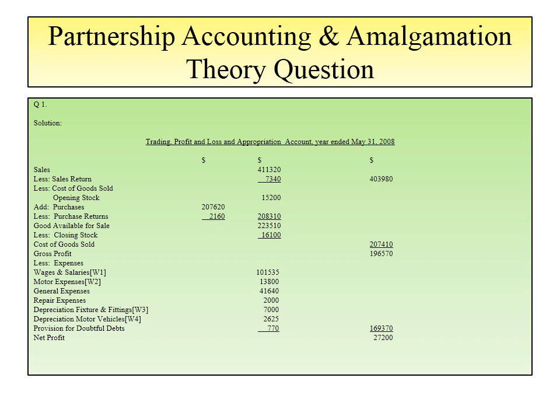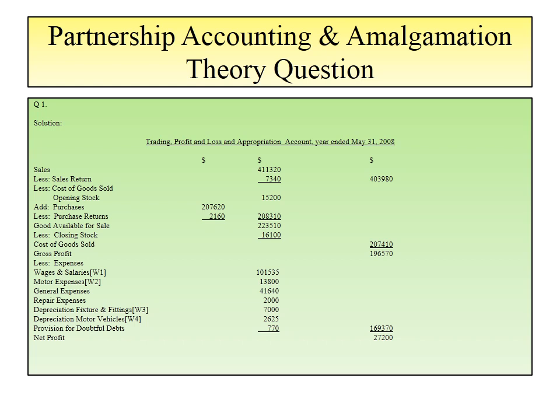Now from this gross profit we are going to deduct all the expenses. Wages and salaries 101,535. How we come to this figure is given in the last slide, and motor expenses is also worked up in the last slide, 13,800. General expenses are 41,640. Repair expenses 2,000.